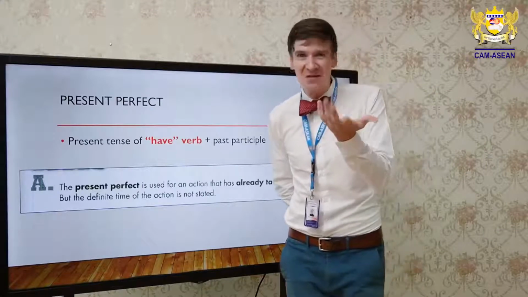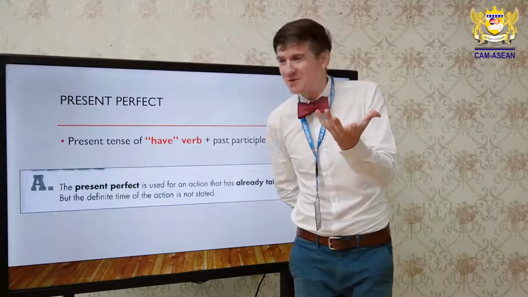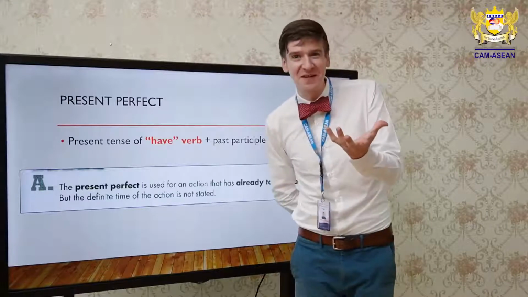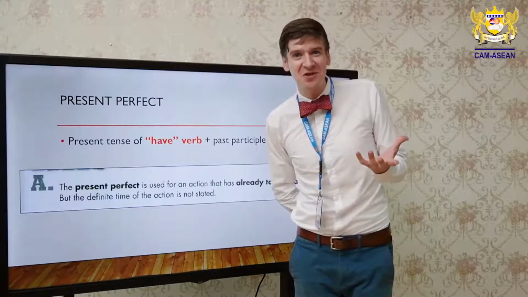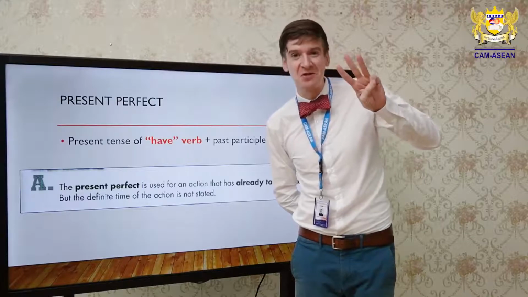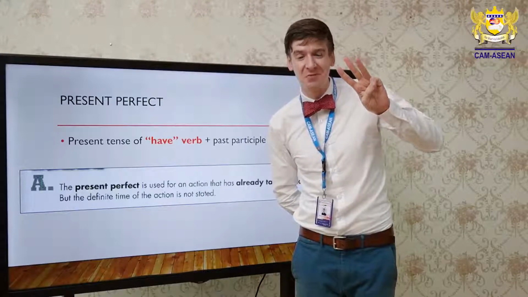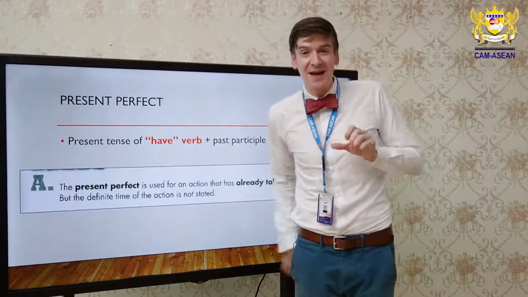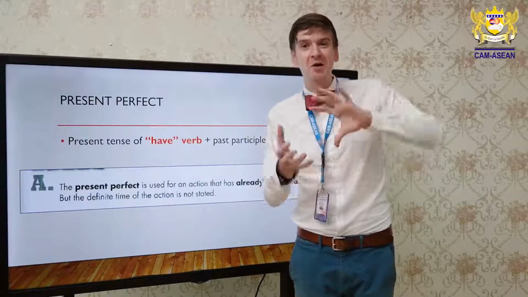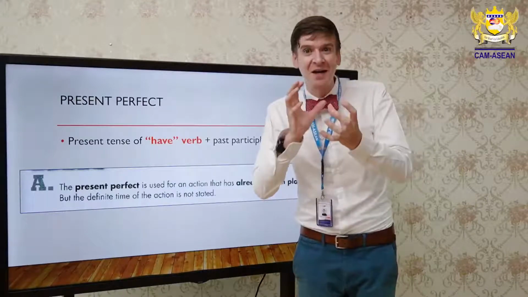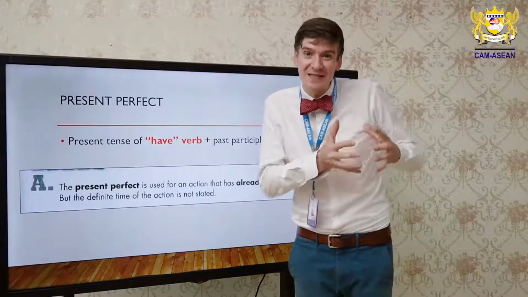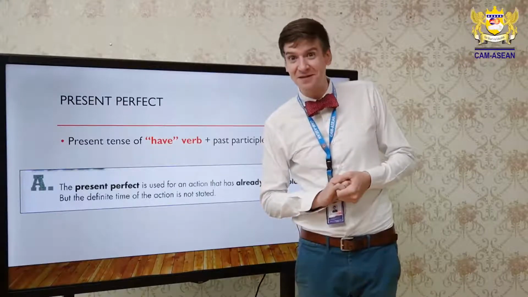Now, when do we use it? When do we use the present perfect? What situations? There are 3 situations that we use present perfect. And they all tell about a relationship of time. How recently something happened.